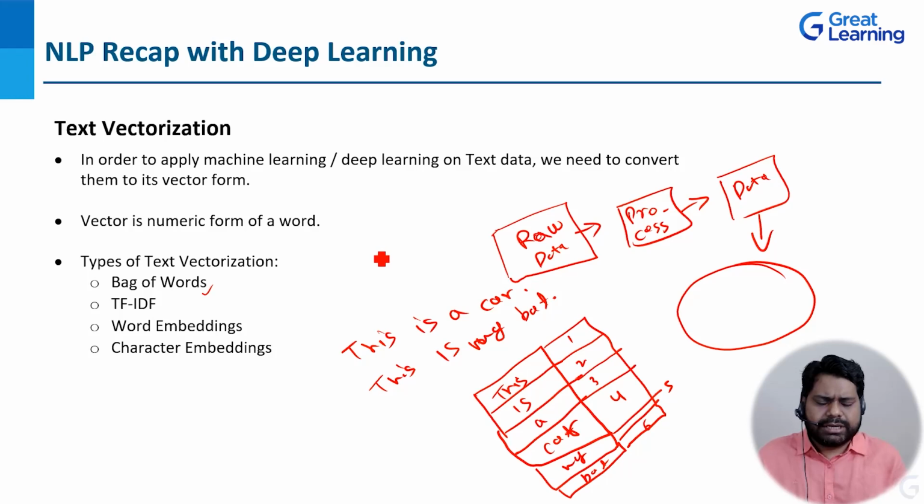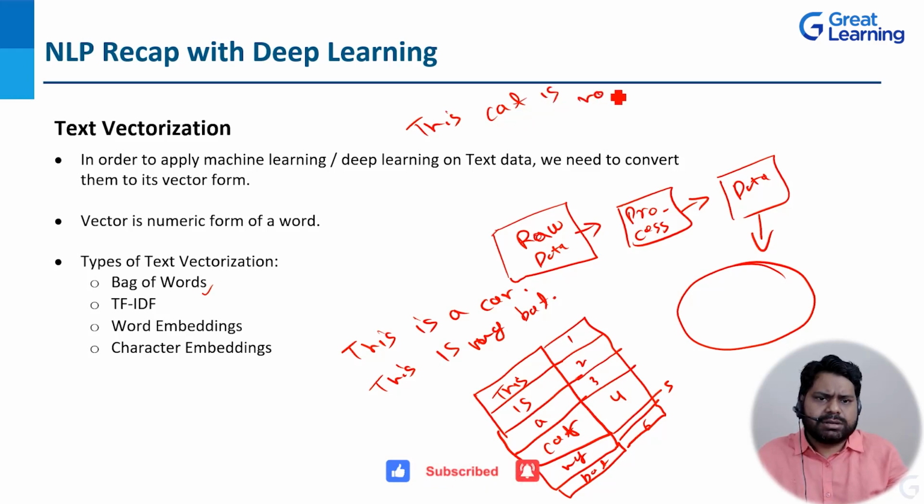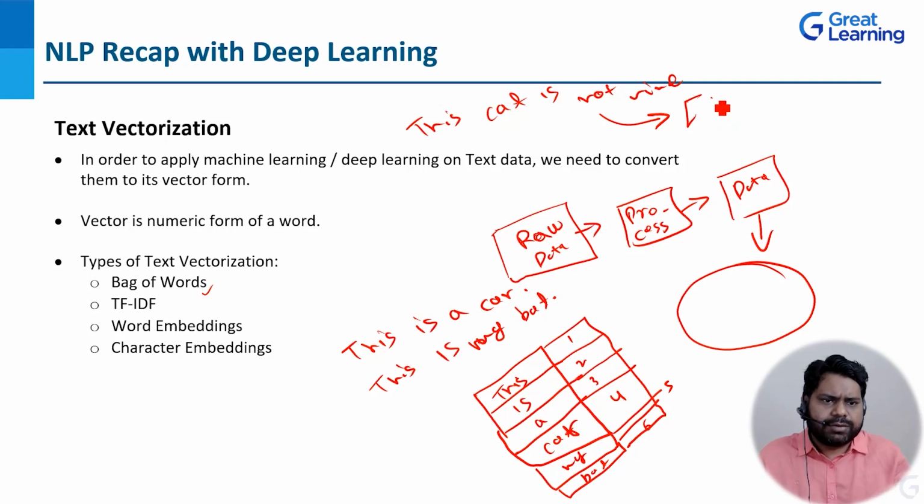Then suppose a new sentence comes: this cat is not mine. When we translate it into vectors, this will get 1. Cat, since we don't know cat and in our vocabulary cat is not present, will get 0. Is will get 2. Not is not known to the model, so it will get 0.